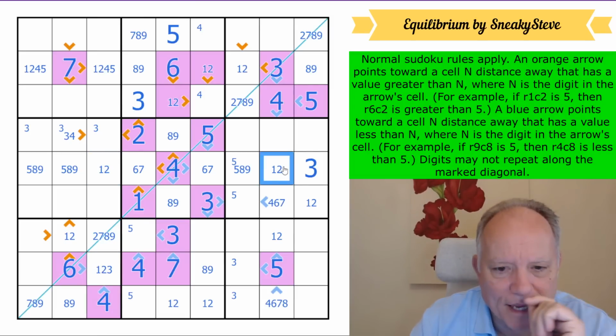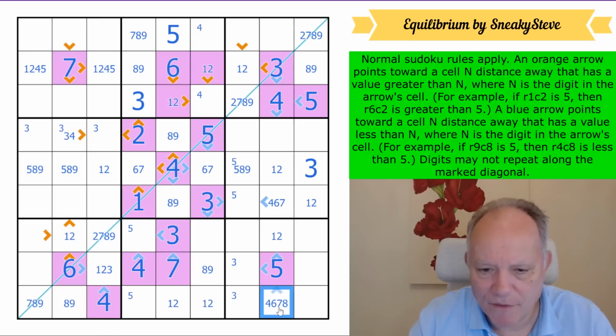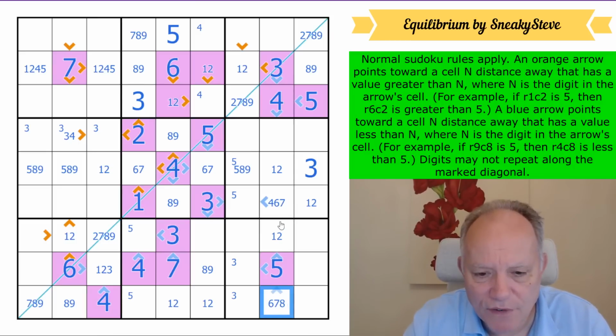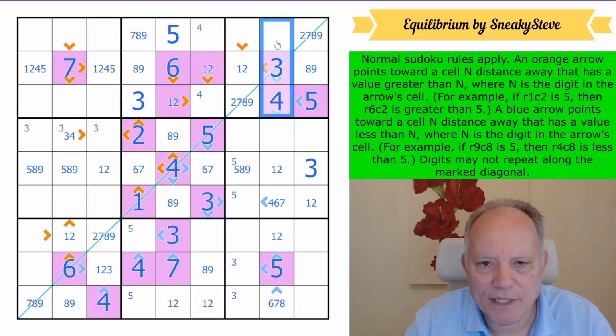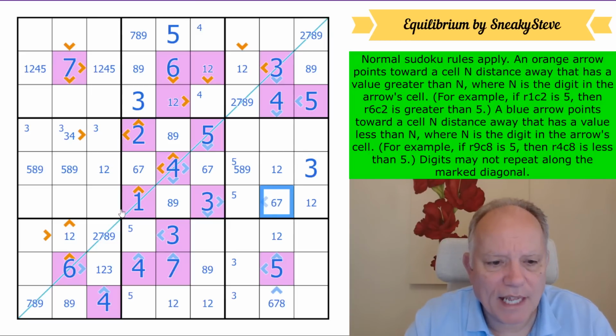I'm not colouring them yet, but what arrows are now impacted? This can't be a 4. This is now definitely pointing 6, 7, or 8 cells away at a lower digit. That's not doing anything for me. This can't be a 4 by Sudoku.